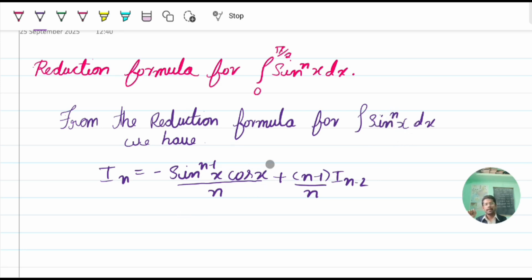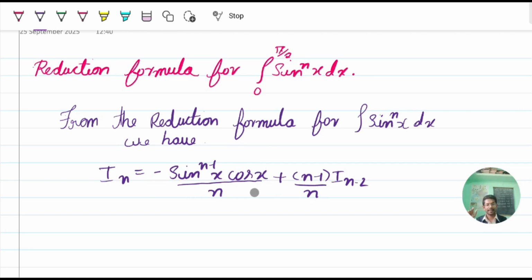When we compare these two integrals, there is no limit for this integration, and here there is a limit for the integration, except that the whole thing is the same, right? The only thing is that we have to apply the limits to this formula.